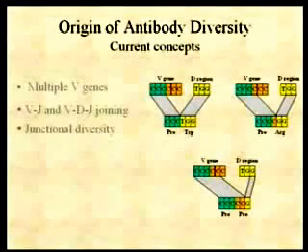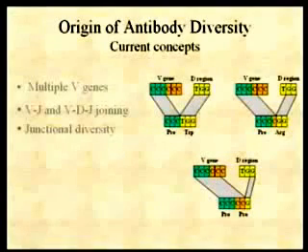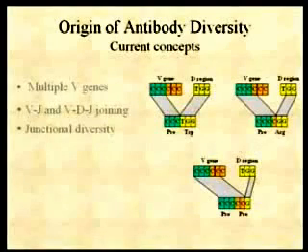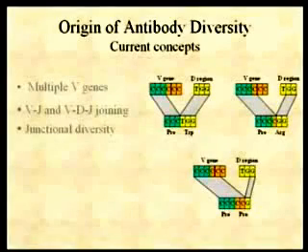So by slight inaccuracies and slight shifting of this recombination machinery, we can generate 3 different sequences, all of which are going to be located in the third hypervariable region. So these can specify antibodies with different specificities because the hypervariable region determines the specificities. So that's what junctional diversity is.